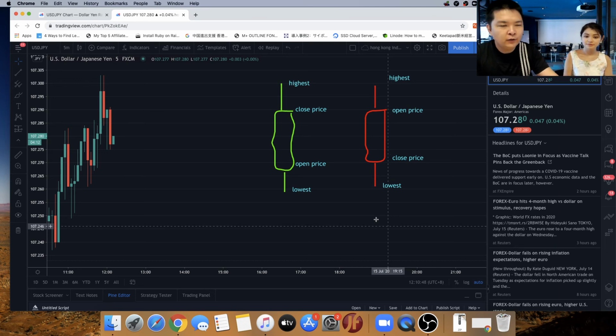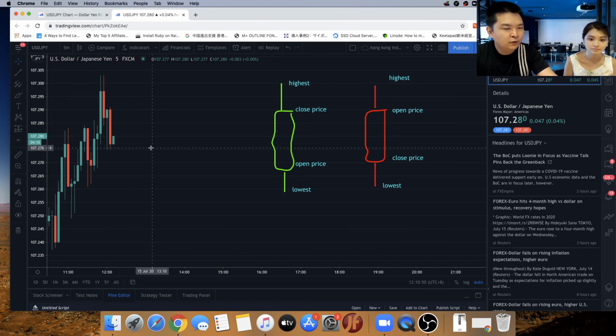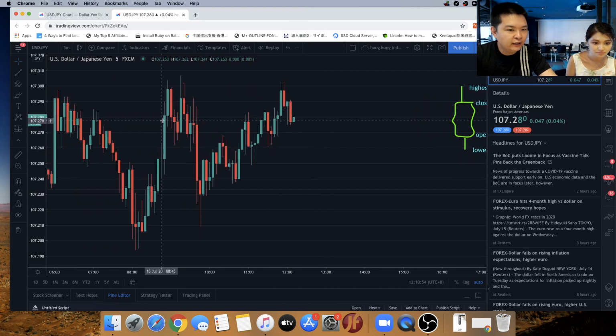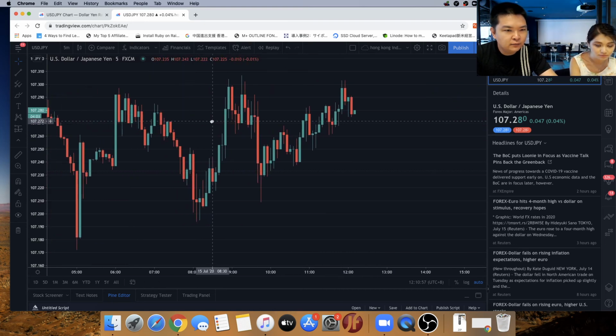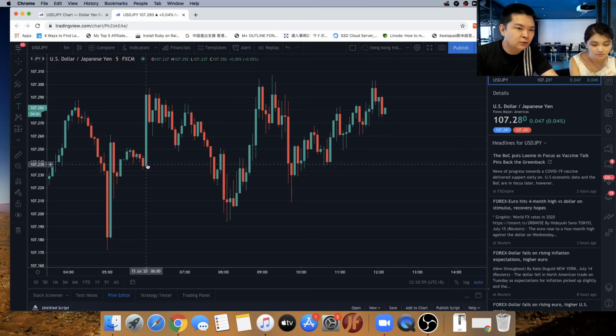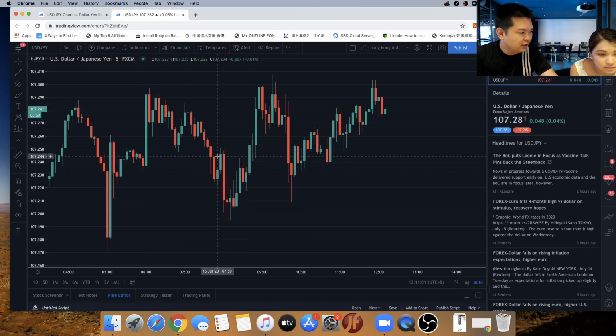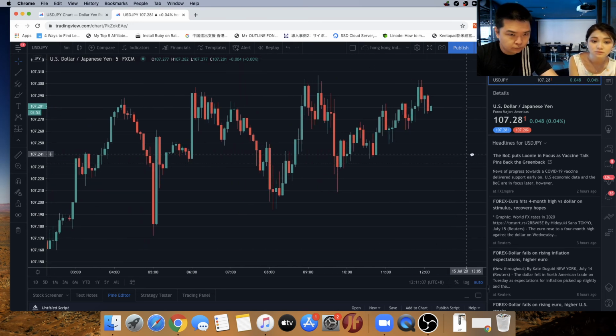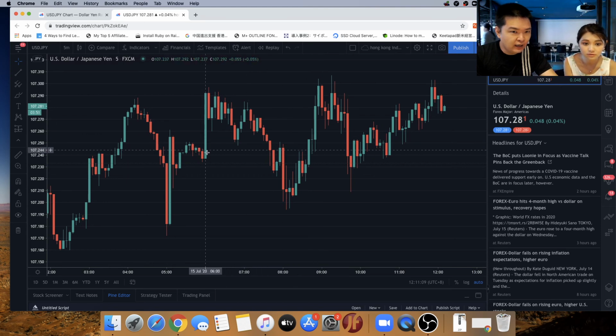So sometimes you see that most candles have that. Sometimes this one doesn't have the shadows. I just explained to you that these things here are the shadows of the candle. This one doesn't have any shadows. How come?